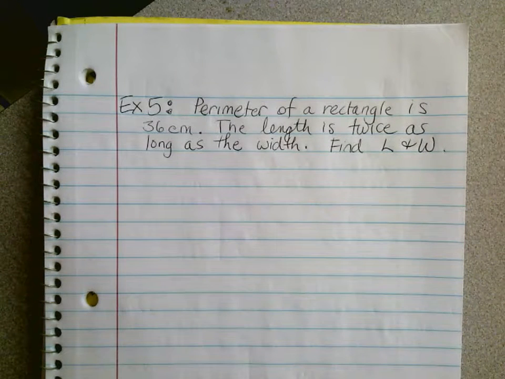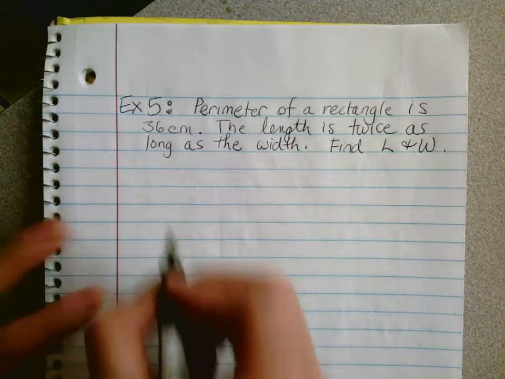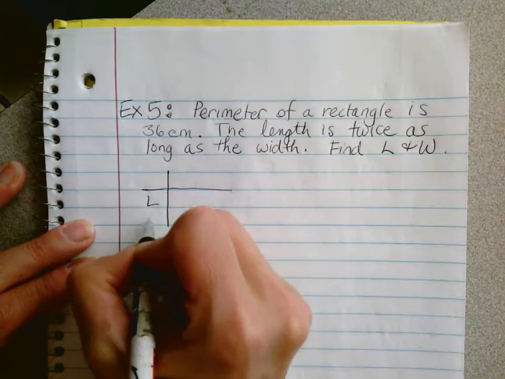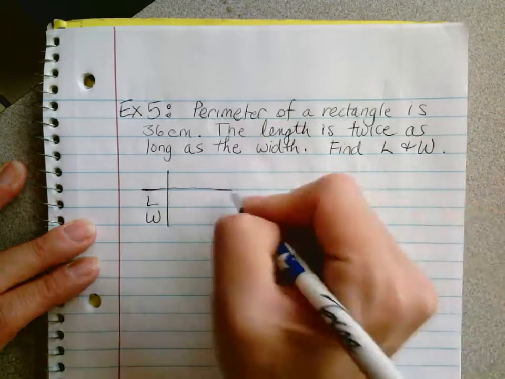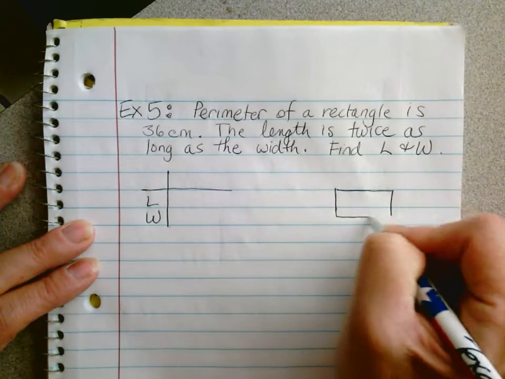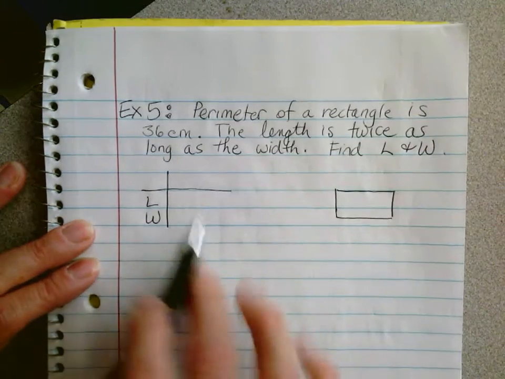What we're about to do will allow us to set that up. You can do this one of two ways. You can draw it, and you can do L and W, or you can draw it this way and use what you know to figure it out.